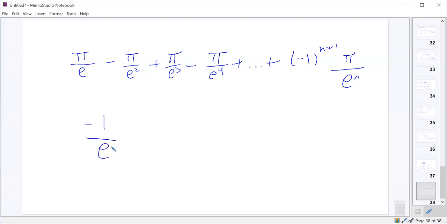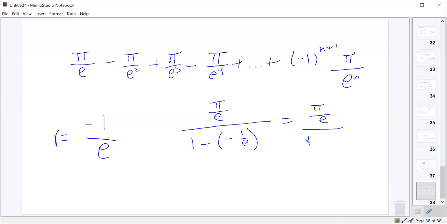And so this is really just a geometric series with a common ratio of -1 over e. And since the absolute value of 1 over e is less than 1, we should know that this thing should converge. It should converge to the first term over 1 minus -1 over e. So that gives us pi over e over 1 plus 1 over e.